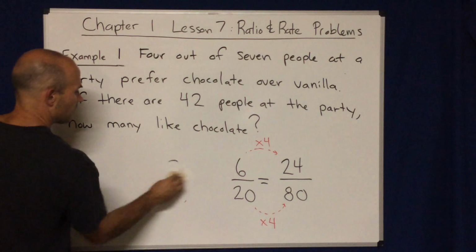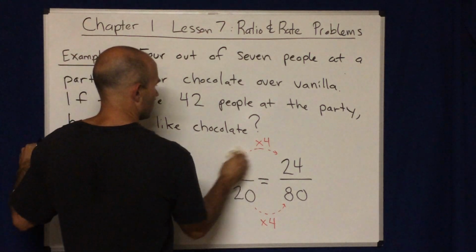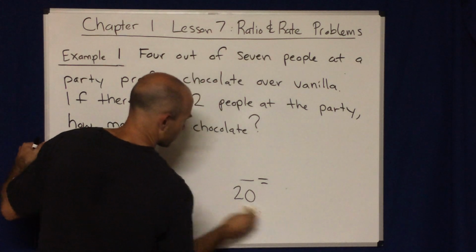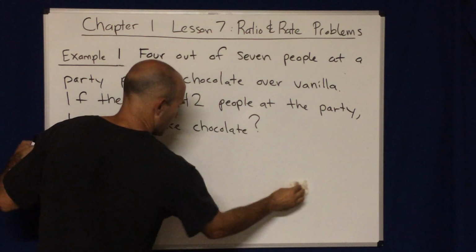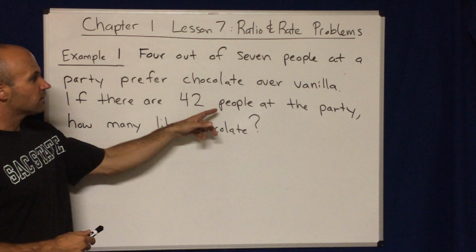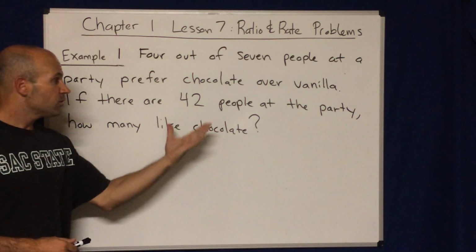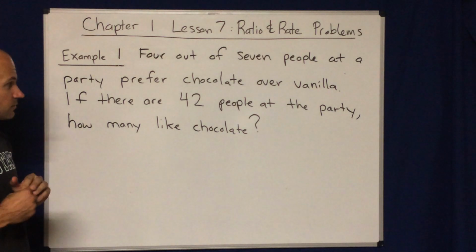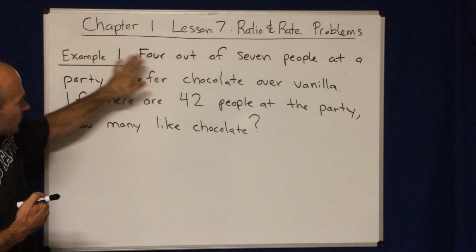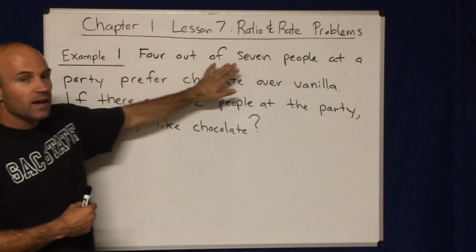We have 4 out of 7 people at a party that prefer chocolate ice cream over vanilla ice cream. The question then asks, if we know there's 42 people at this party, how many of those 42 prefer chocolate? So we can see a ratio sitting right in the first sentence, 4 out of 7.